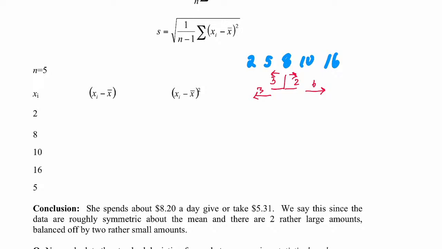So I'm just going to make an assumption that this data comes from a symmetric distribution. So it's a really rough way to look at things, but I hope you follow my logic.